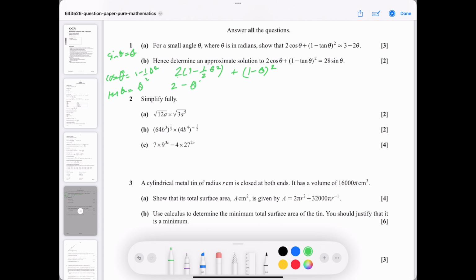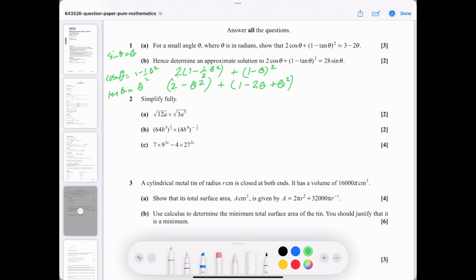And then we'll just expand these brackets. So that's plus 1 squared, which is 1, minus 2 theta, and then plus theta squared. I could have done that by doing this, but I'm not going to bother.